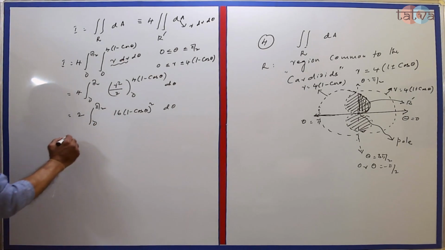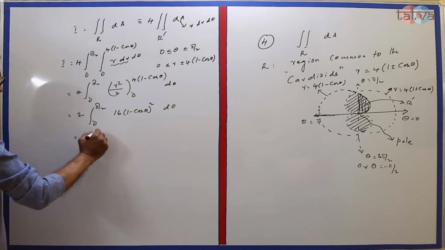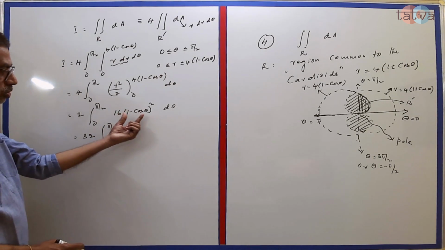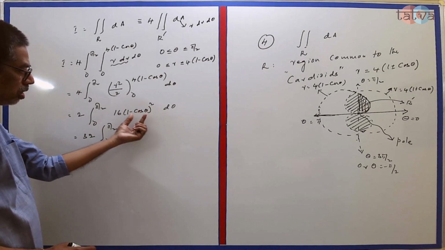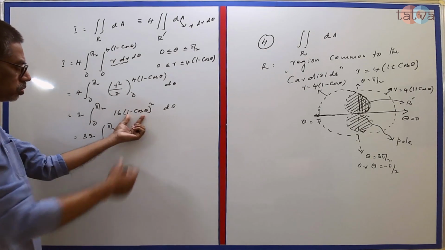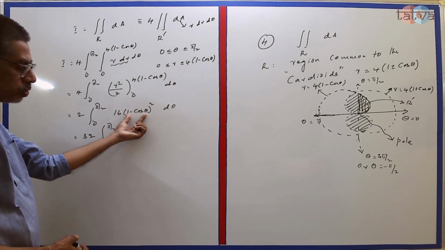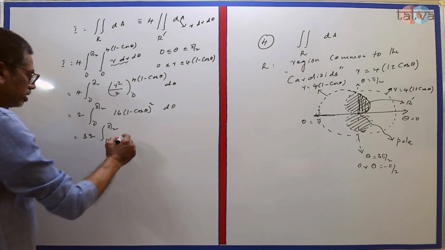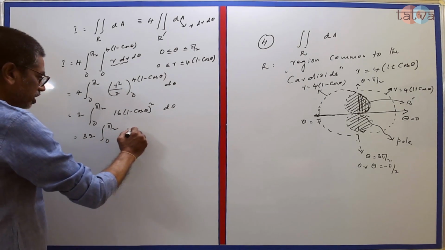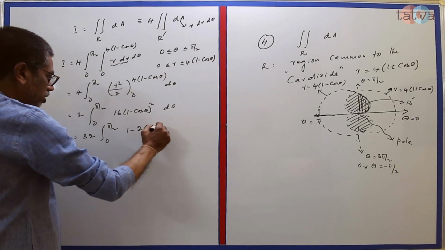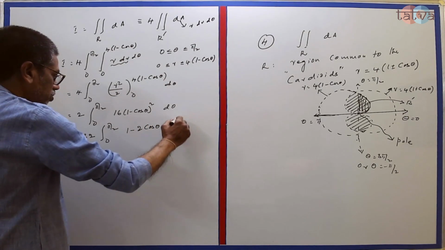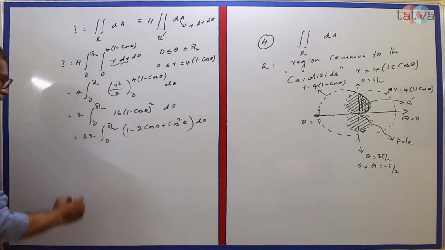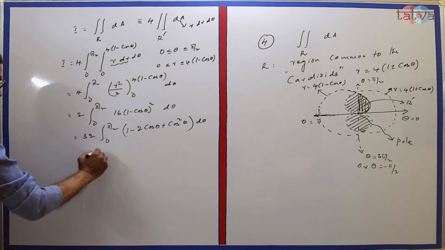So this integration should not be messed up with. There are 2 options. You straight away go for an expansion, or convert 1 minus cos theta as 2 sin square theta by 2, which is unnecessarily going to complicate. So I'll just expand it: 1 minus 2 cos theta plus cos square theta d theta. All integrations are straightforward.